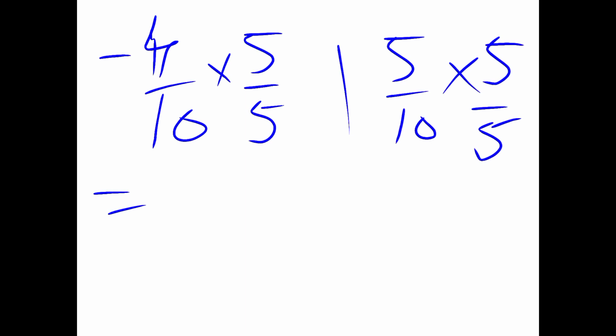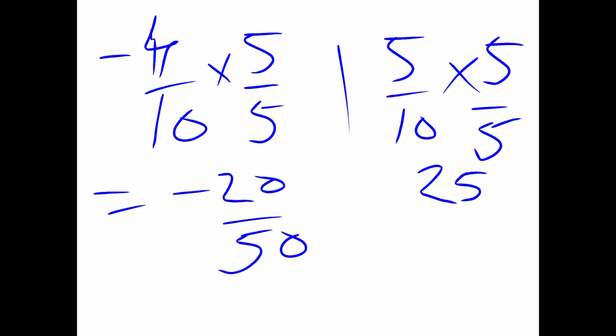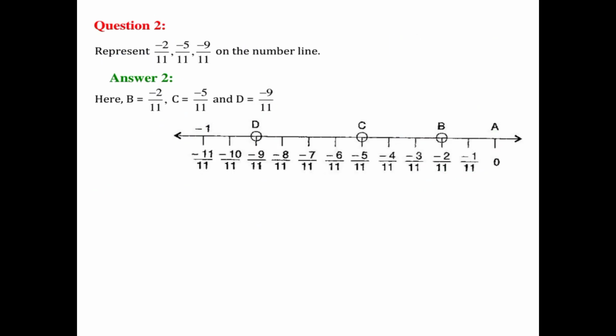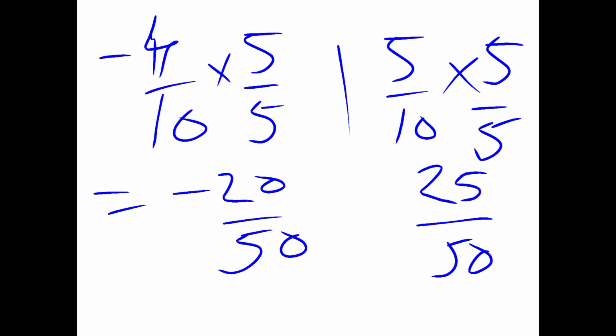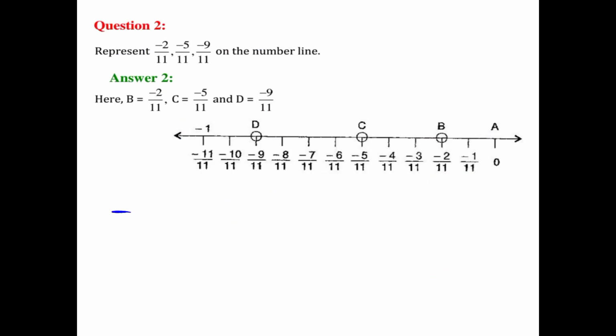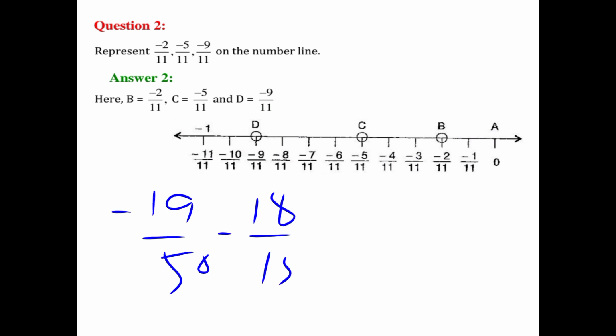This will become minus 20 divided by 50, and this will become 25 divided by 50. Now try to find the different rational numbers. It will be more than 10 for that matter. Say for example minus 20 by 50, there will be minus 19 by 50, minus 18 divided by 50, and so on. There will be huge such numbers.